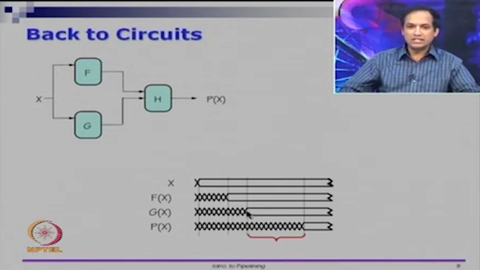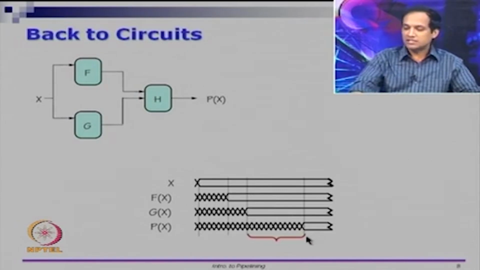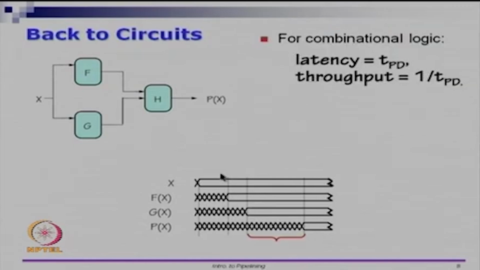So, you have G. H can process only after F and G are both in steady state. So, you wait for both of those. So, this is the time taken by H. Once F gets settled down and G gets settled down, then you have to wait and only then you can process H. So, for combinational logic, the latency that we have is the propagation delay itself.